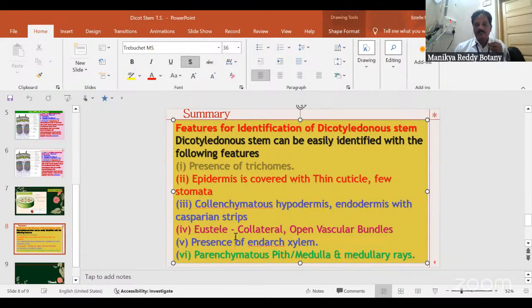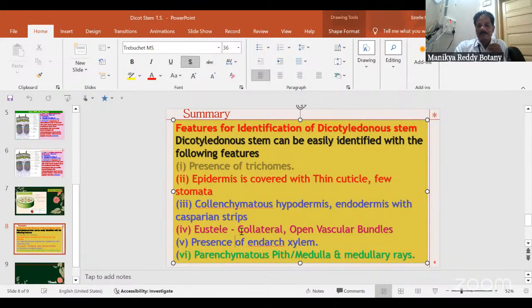Why is it called eustele? Eustele is a stele which contains a limited number of vascular bundles, which are arranged in a circle, in a ring. Such type of stele is called eustele.